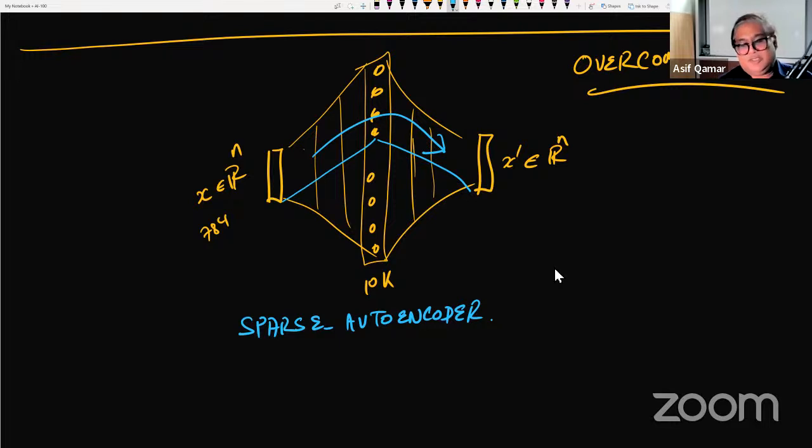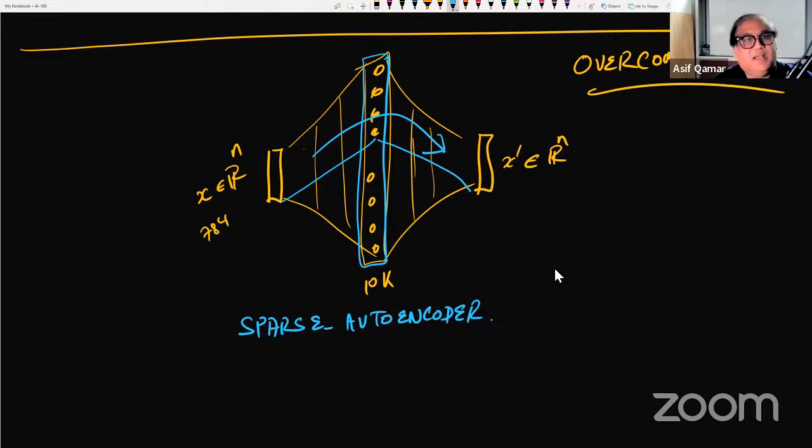In a sparse autoencoder, you look at this hidden layer, the big fat layer, the latent layer, and you impose some form of constraint. You can say that, even though it has 10K neurons, most of them had better be dead.